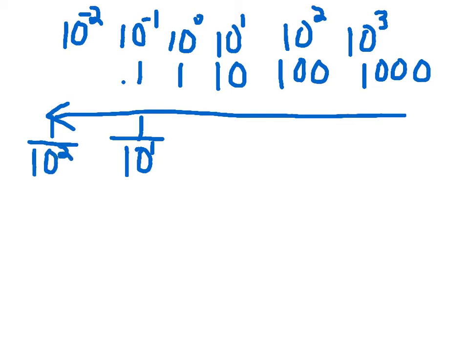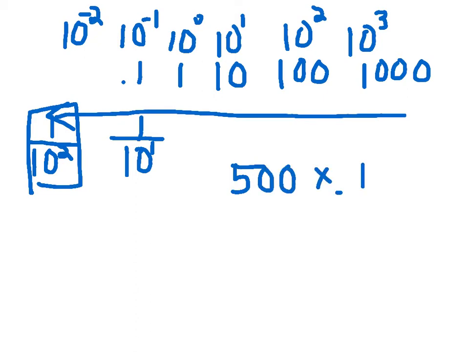Okay? So if I am multiplying, say, by 1/100th, if I say 500 times 1 over 100, I'm actually dividing because the 100 is on the bottom. And when I divide by a power of 10, it's just like multiplying, only the reverse, because they are inverse operations.